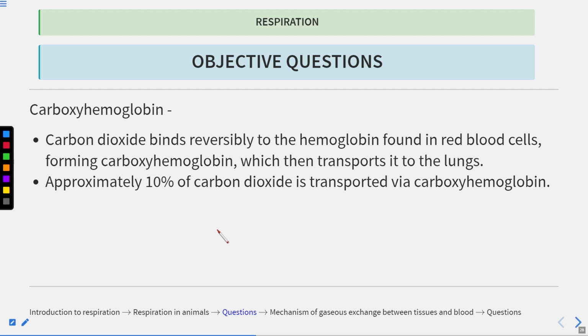And what was carbaminohemoglobin? It is formed when carbon dioxide binds reversibly to the hemoglobin found in the red blood cells, which is then transported to the lungs. Approximately 10% of the carbon dioxide is transported via carbaminohemoglobin. This is clear.